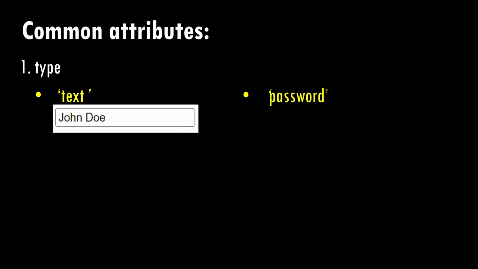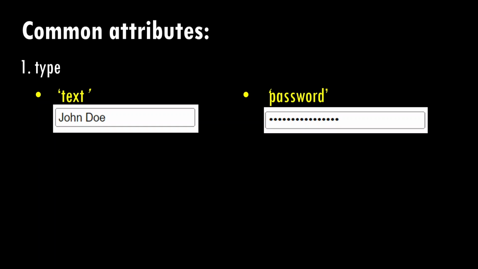Next is password, a single line text input where the characters are masked. It may look like this. Email, an input for email addresses with validation for correct email format.